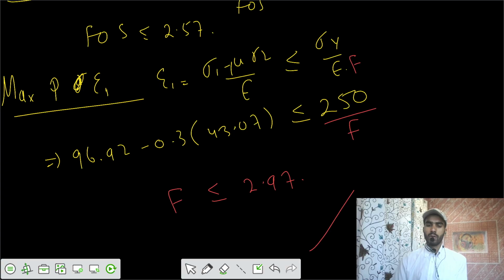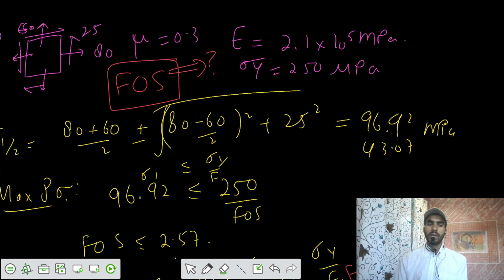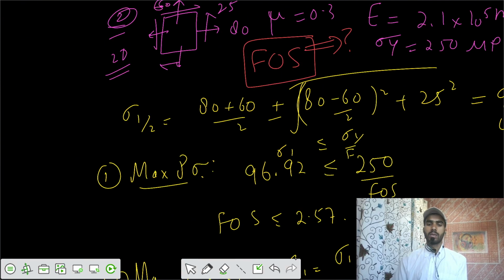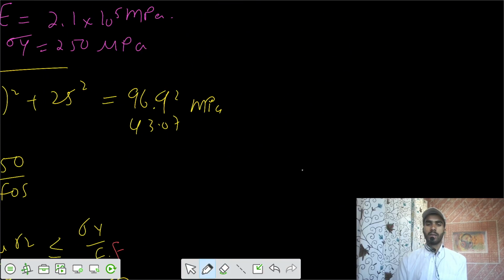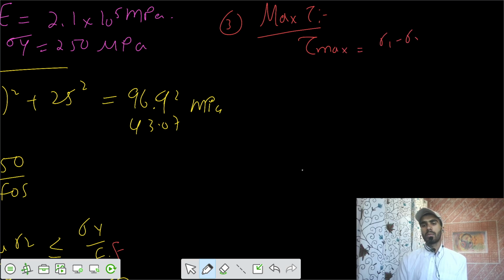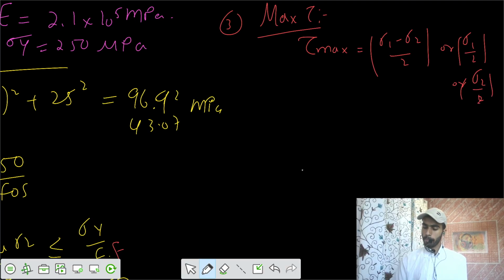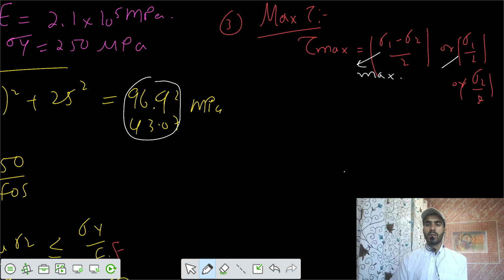Now for the third method, method 3, that is maximum shear stress theory. We can write tau max equals sigma 1 minus sigma 2 by 2, or sigma 1 by 2, or sigma 2 by 2. Since both values are positive, if you subtract them this won't be the maximum. That means you take sigma 1 by 2, 96.92 by 2.